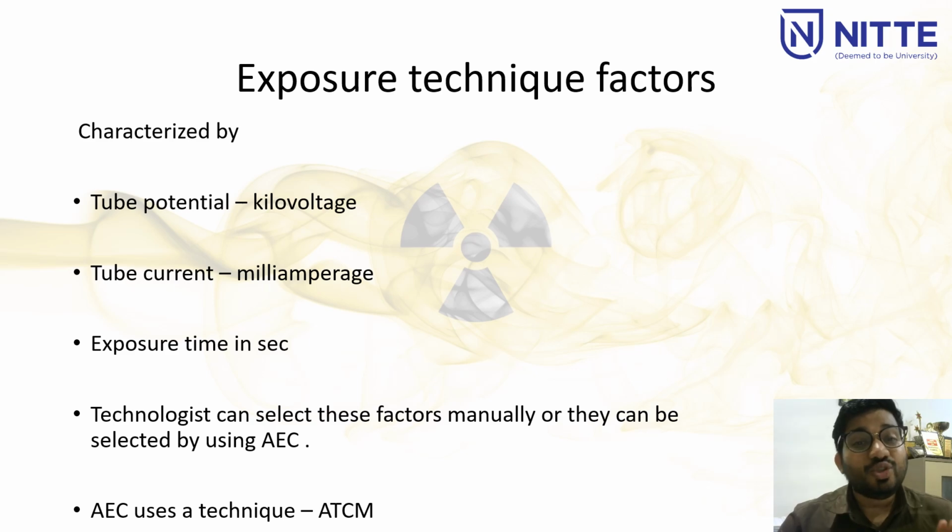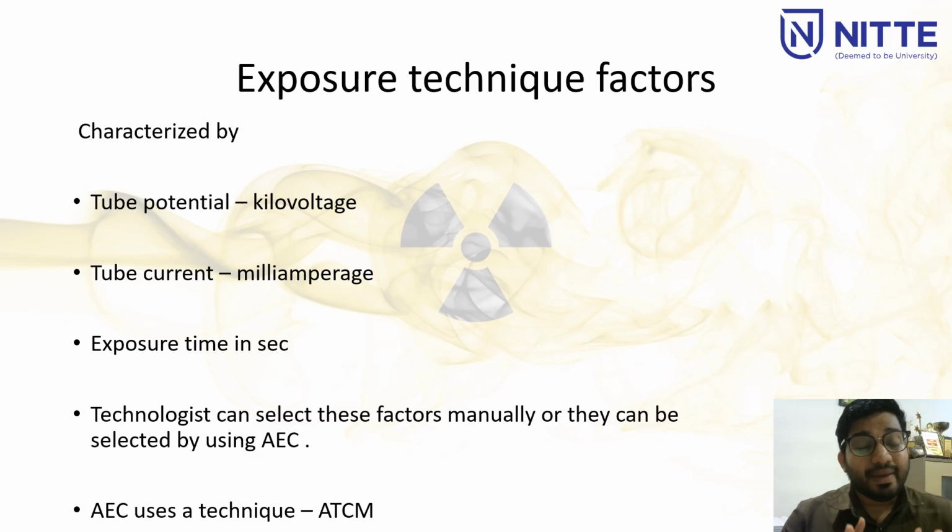And what is tube current? The tube current is the flow of electrons from cathode to anode per second in the X-ray tube. It is measured in milliampere, mA. What does mA control? The number of X-ray photons produced, the quantity, that means the intensity of the X-ray beam, and radiation dose to the patient.